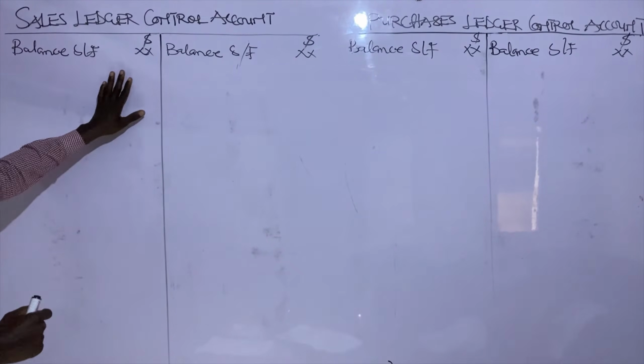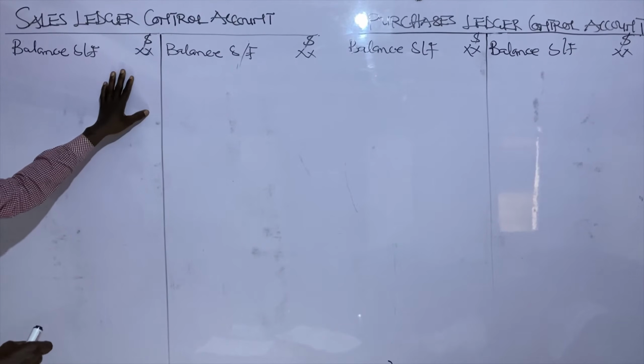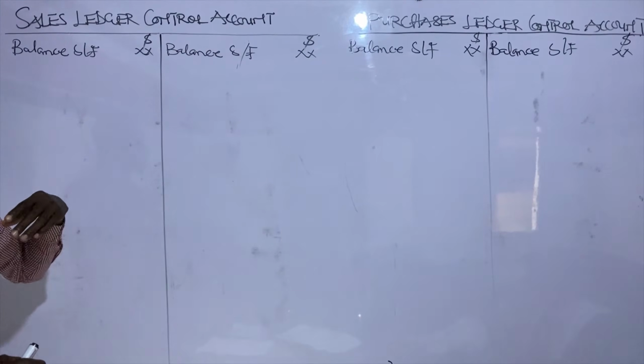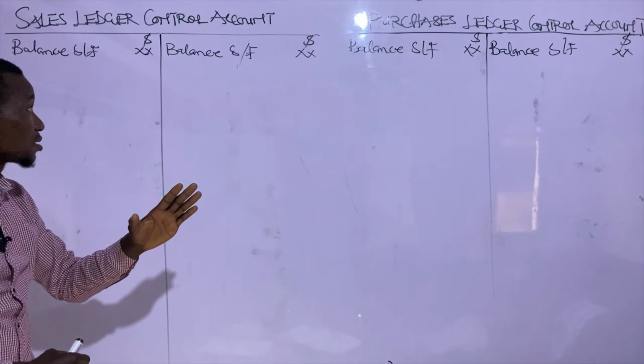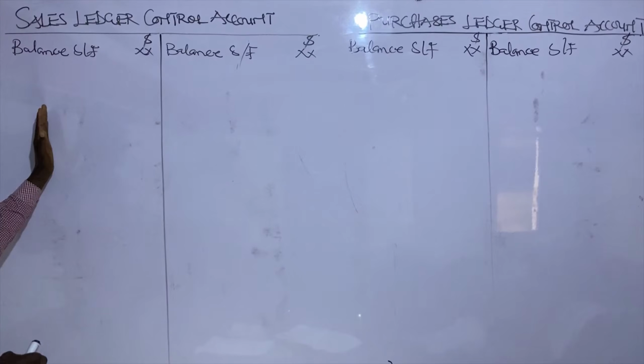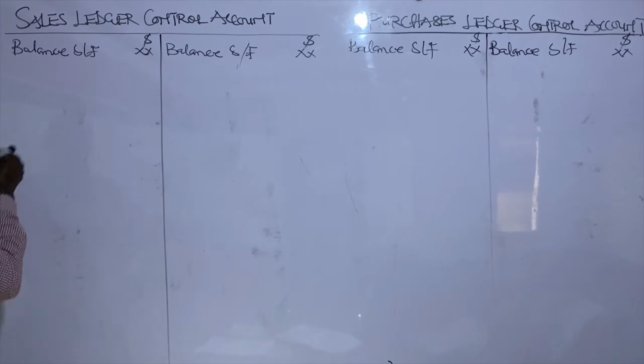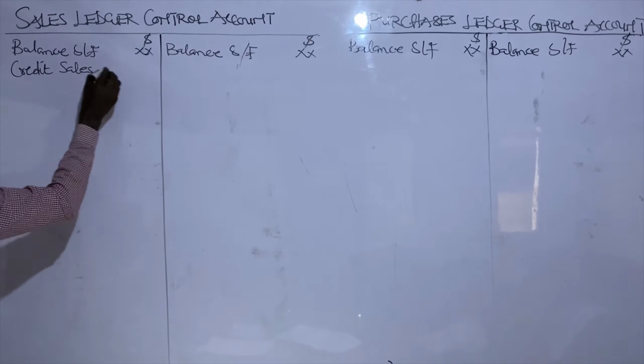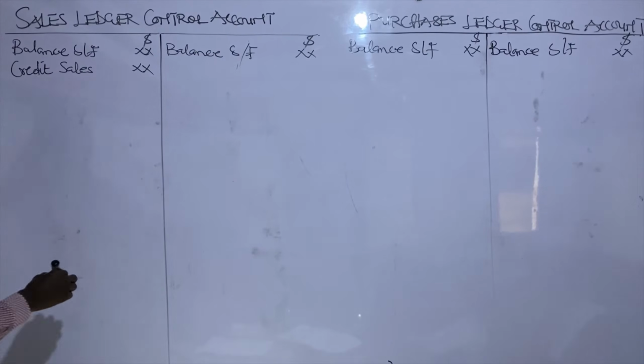Cash sales are not recorded in this account because when there is cash sales, the double entry is that we credit sales and debit cash. But for credit sales, we debit debtors and credit sales. So credit sales will be debited to this account.